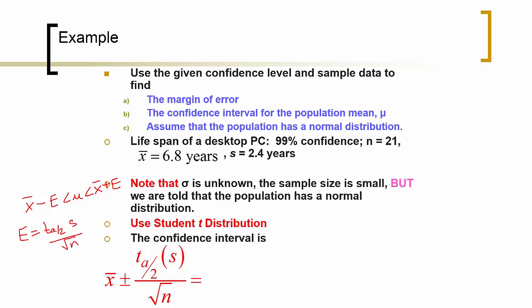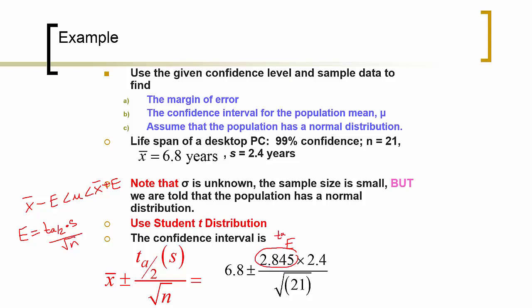So you can actually put the critical value in the numerator of this little formula here, multiply it by standard deviation and divide by square root of n. So x bar is the sample mean, that's 6.8, and the margin of error is 2.845 times 2.4 divided by square root of 21. So let's backtrack and figure out where this 2.845 came from.